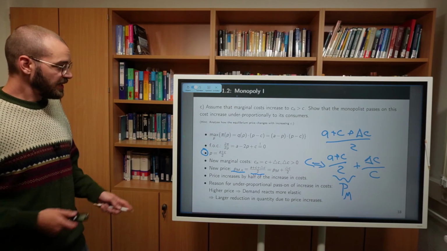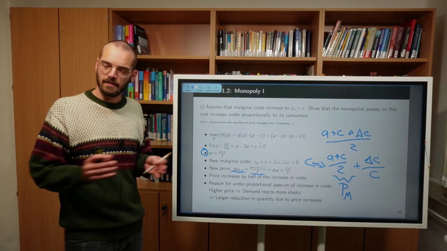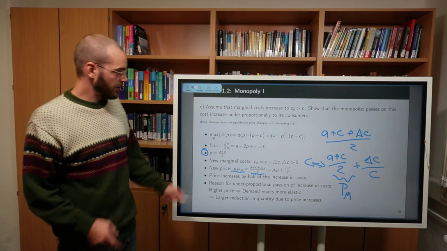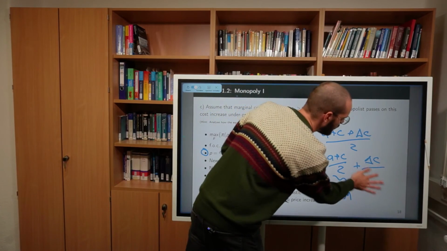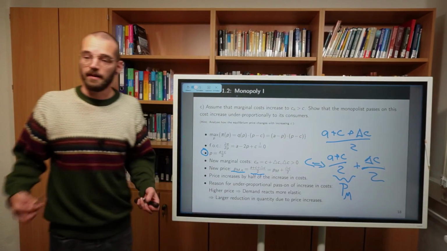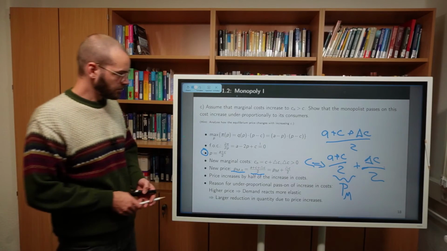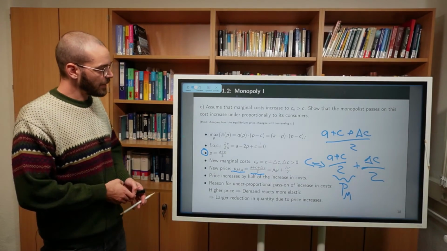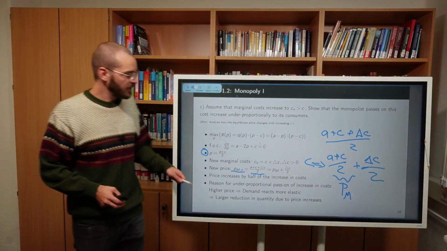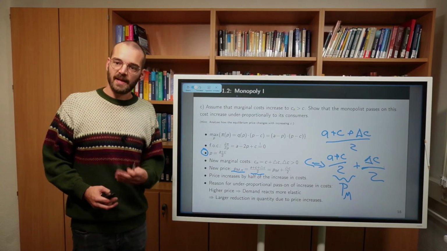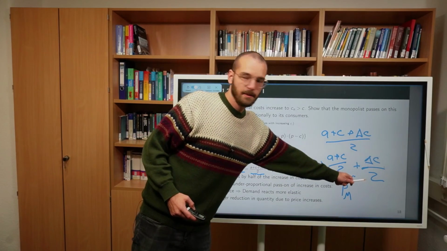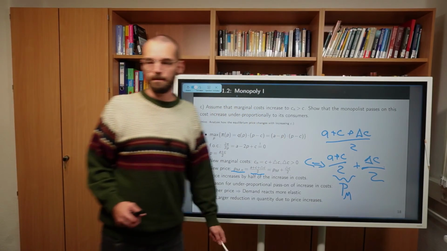So what we can see is if there is a cost increase happening, so there is some Cn which is larger than C, excuse me, there's a mistake, of course. Delta C should be divided by 2. So if there is a cost increase happening, so we are adding some delta C to the original marginal costs, then we see that the new profit maximizing price of the monopolist is the old profit maximizing price plus the increase in costs divided by 2.